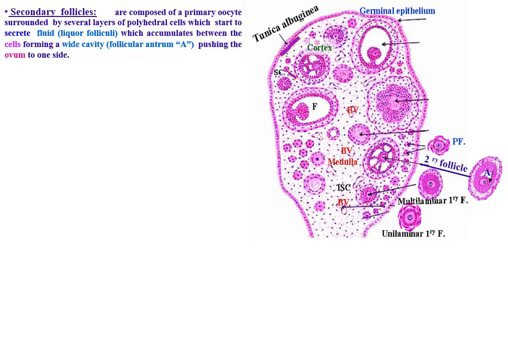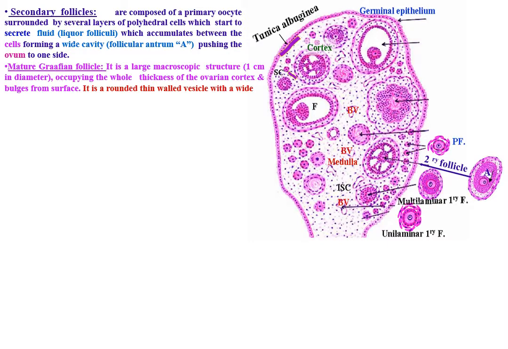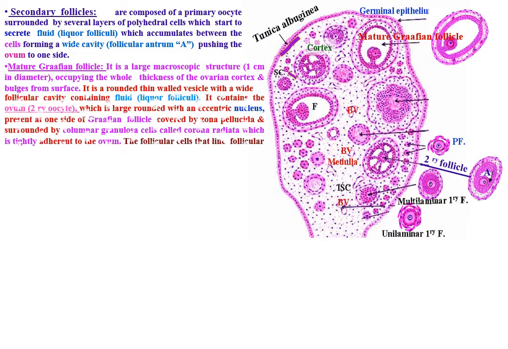Mature Graafian follicle. It is a large macroscopic structure, about 1 centimeter in diameter, occupying the whole thickness of the ovarian cortex and bulges from the surface. Mature Graafian follicle is a rounded, thin-walled vesicle with a wide follicular cavity containing fluid, liquor folliculi.